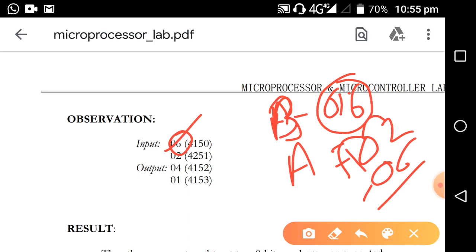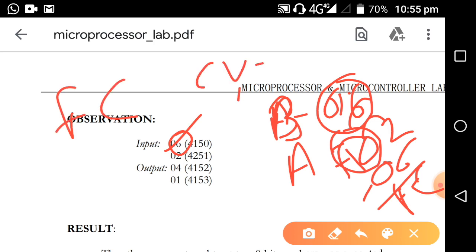So that means the answer is 0C, and after the 10 जो इसने यहाँ पे बोरो दिया था, इसके बाद यहाँ पे क्या बचेगा, F. So the answer is FC. Okay, so the answer is FC, and the carry flag will be 1 because आपको 02 को बड़ा करने के लिए हमने यहाँ पे कैरी लिया था, इसलिए कैरी फ्लैग आपका 1 हो जाएगा.